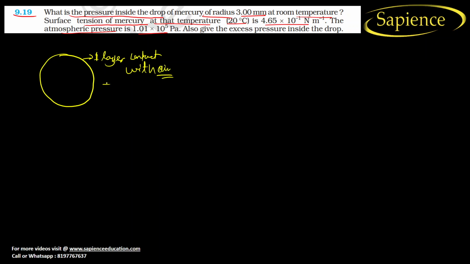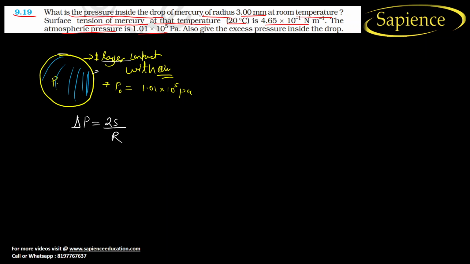So the atmospheric pressure, or outside pressure, P outside, is 1.01 into 10 to the power 5 Pascal. Now we need to find the pressure inside. Inside there is only liquid, no layers. So before that, we need to find the excess pressure. We know that the excess pressure is equal to 2S by R for a single layer, since only one layer is in contact with the air.